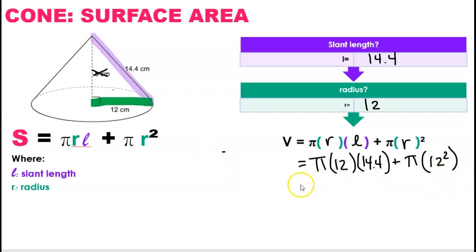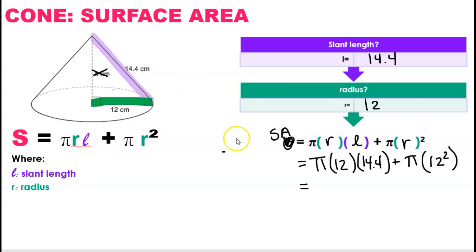Okay, I'm going to solve this first with just, and that's not volume. That should say surface area here. I'm going to solve this first with just leaving it in terms of pi. So what I'm going to do is I'm going to ignore the pi symbol really quick, okay? I've clicked on something here.